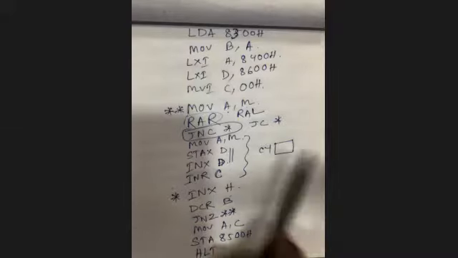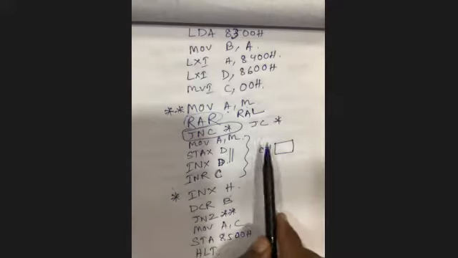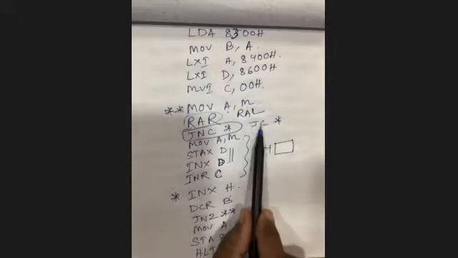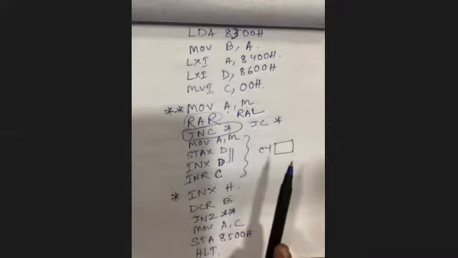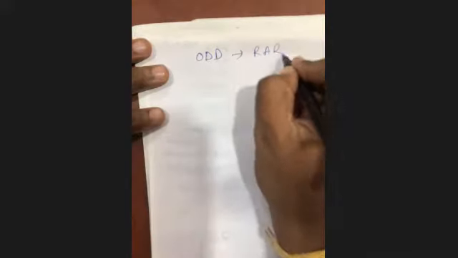So we are using RAL and JC for one case, and for the negative number, RAL and JNC, jump at not carry. Let me just write it down: for odd, RAR and JNC.